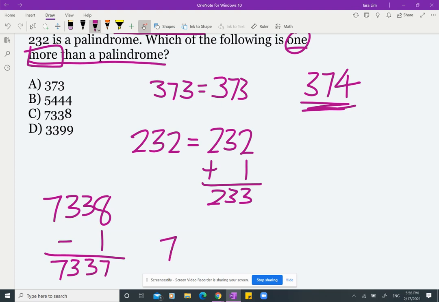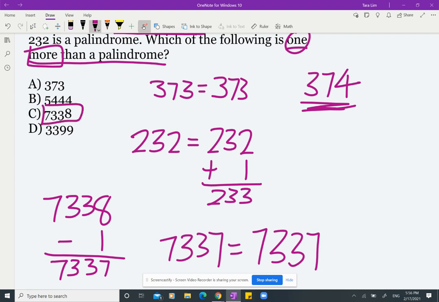And now 7337, if we reverse it, it stays the same. So it is a palindrome. And C is 7338, and it is one more than a palindrome. So it's C. The answer is C.